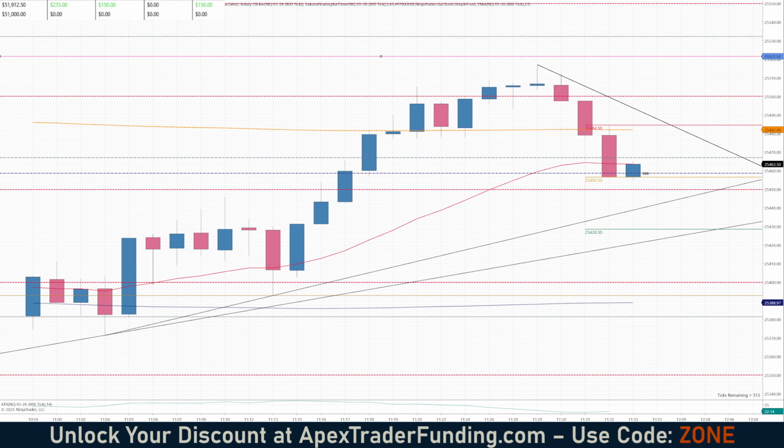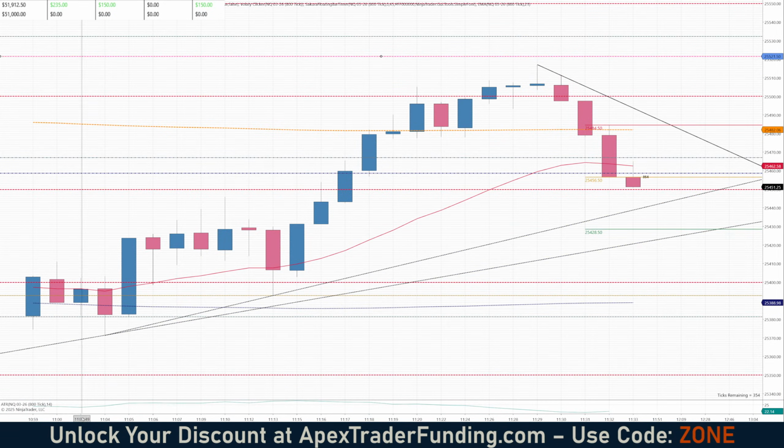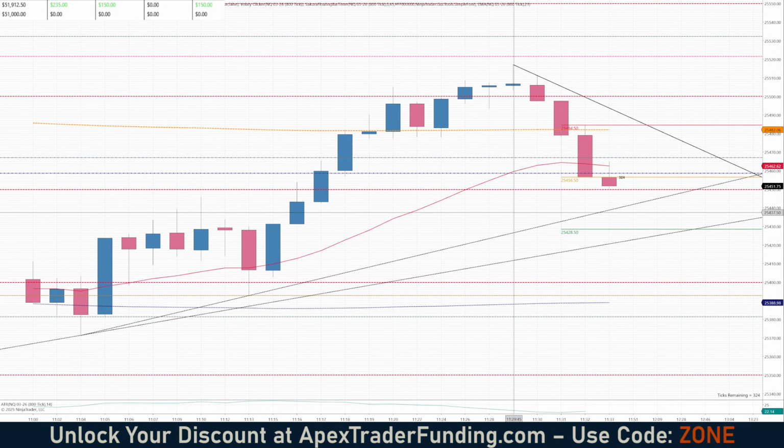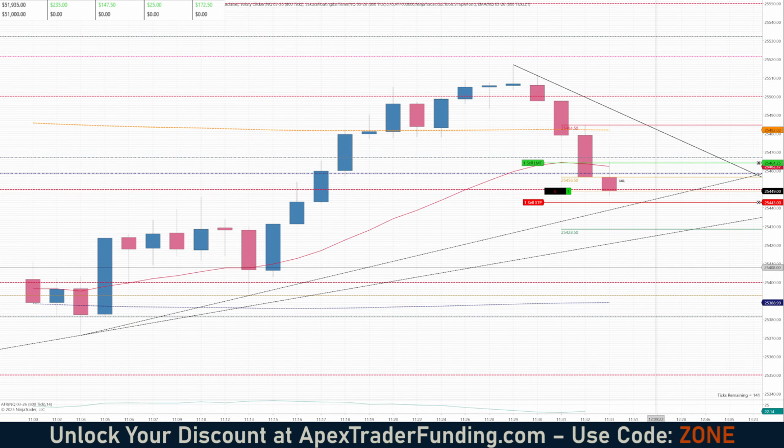Let me show you guys what I'm talking about. These are both 21 and 8 EMA right here. But it looks like we're failing, so maybe it was a good thing I didn't take a buy.